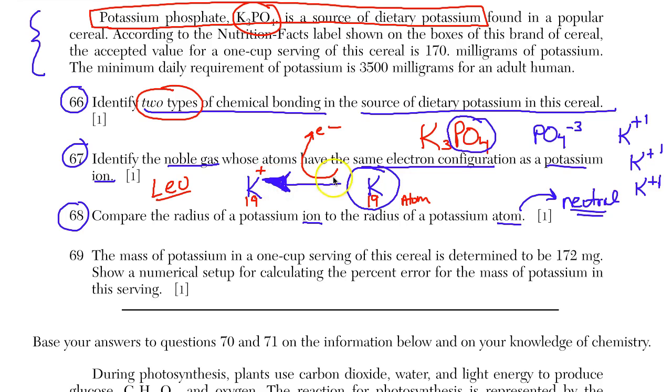So the question is, when you lose electrons, what happens to the radius when you become an ion? And again, I think this question is phrased in a way that you can get this wrong. But in any case, the atom becomes an ion by losing electrons. Now, if you're losing electrons but the proton number is staying constant, then the protons outnumber the electrons. When we say atom, you say neutral.